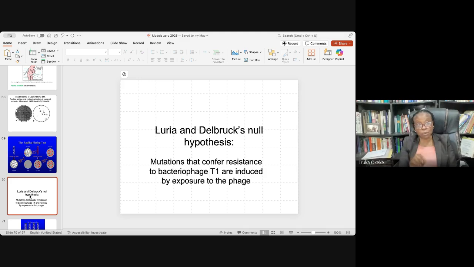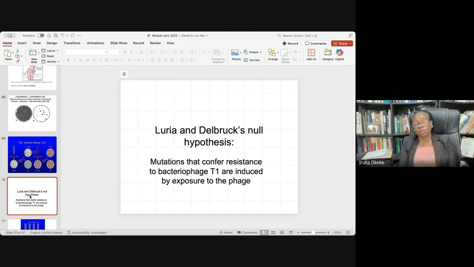By the way, the phage they're working with are lytic phage, that is, phage that will always kill. They're not lysogenic. Some of you may have done lysogeny, where the phage lives inside and so on. In this case, T1 is lytic. You get T1, you die. If T1 can't kill you, then you are resistant.